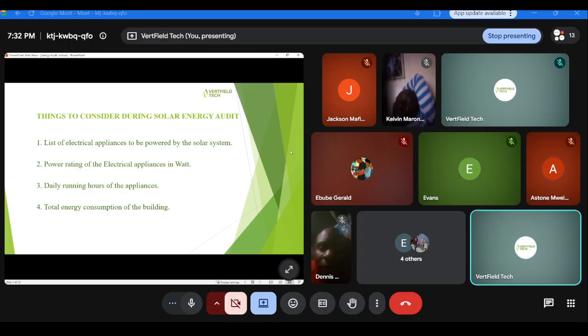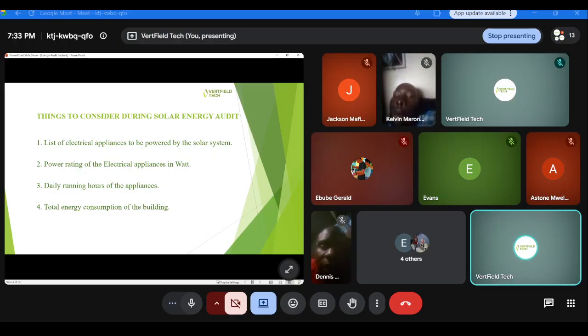Now, things to consider during solar energy audit. You have to have an idea of the list of electrical appliances to be powered by the solar system. You have to also know the power rating of those appliances in watts.